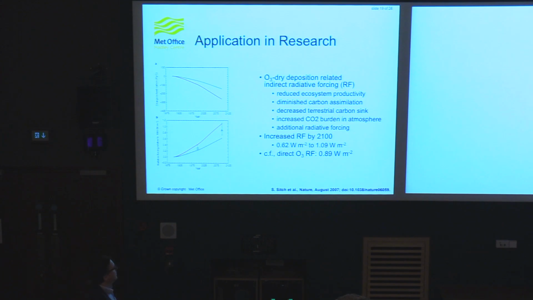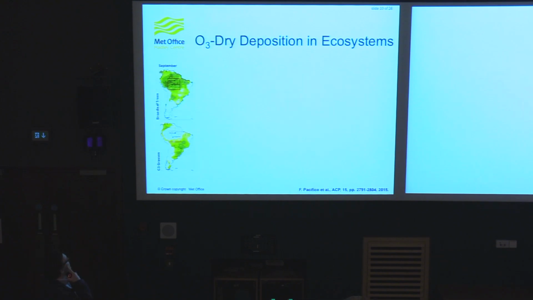My mistake, I'm sorry about the confusion. So basically what they showed is that the indirect forcing through ozone damage in the ecosystems can be as high as the direct effect, which is substantial, in a word.